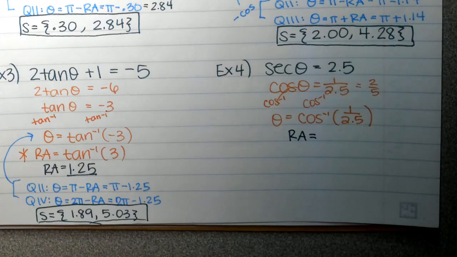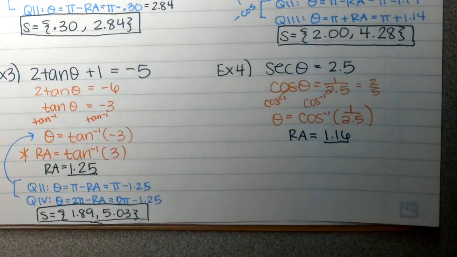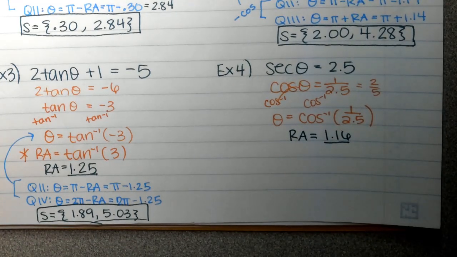What is my RA? Put that in the calculator. And I get 1.16.